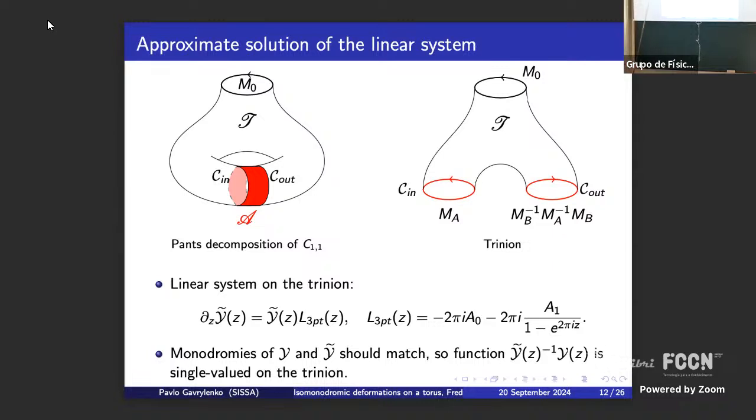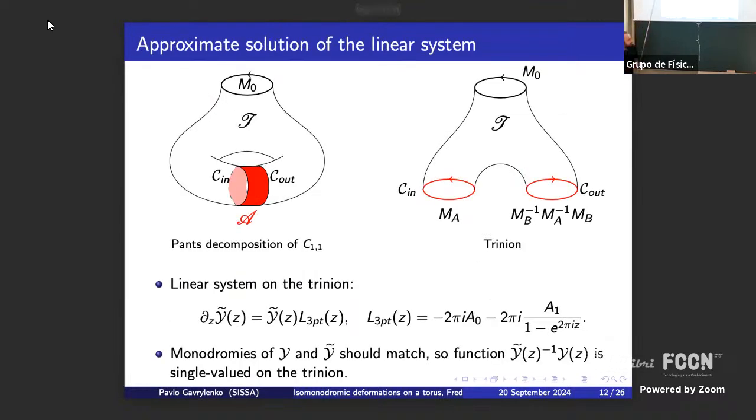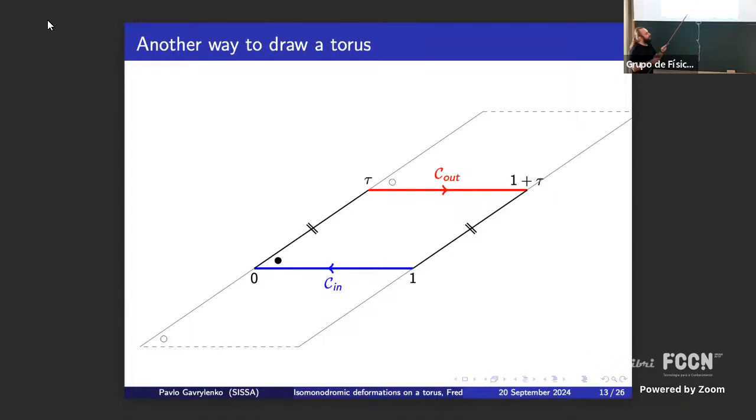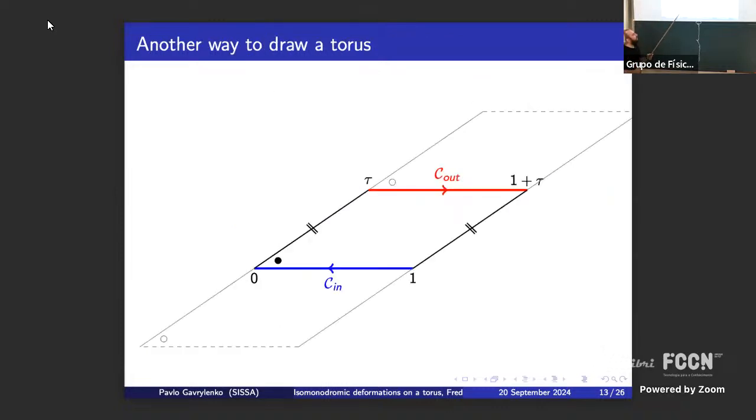The main effect of this division by the three-point solution is that we now get some function that is analytic in one fundamental domain of this torus. If I draw this in a different way, namely on a plane, it looks like this.